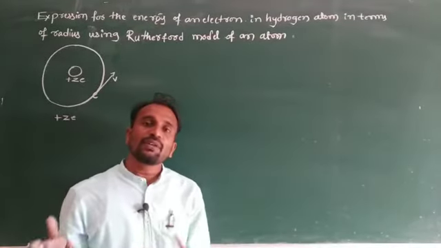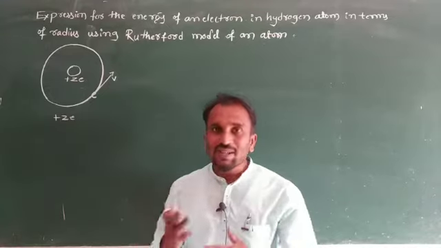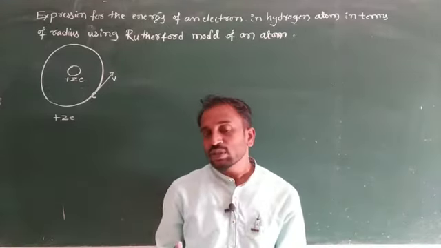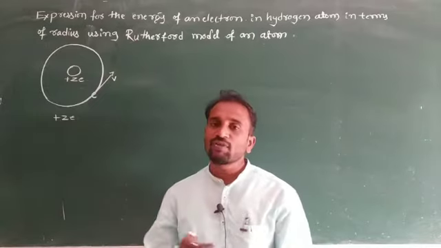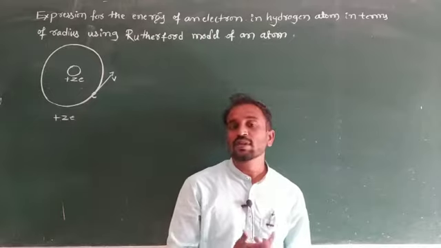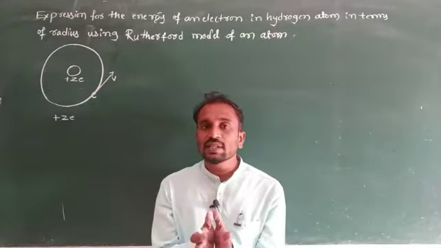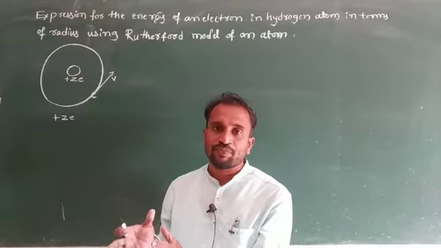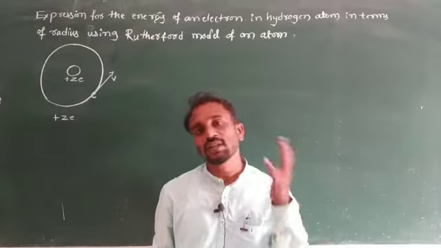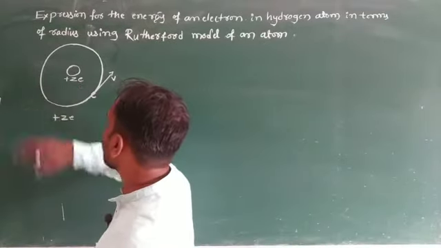For example, in hydrogen only one proton is there, so the atomic number is 1. In helium there are 2 protons, so the atomic number is 2. So Z is the atomic number, the number of protons present in the nucleus, and e is the charge on a particle, for example a proton or an electron.